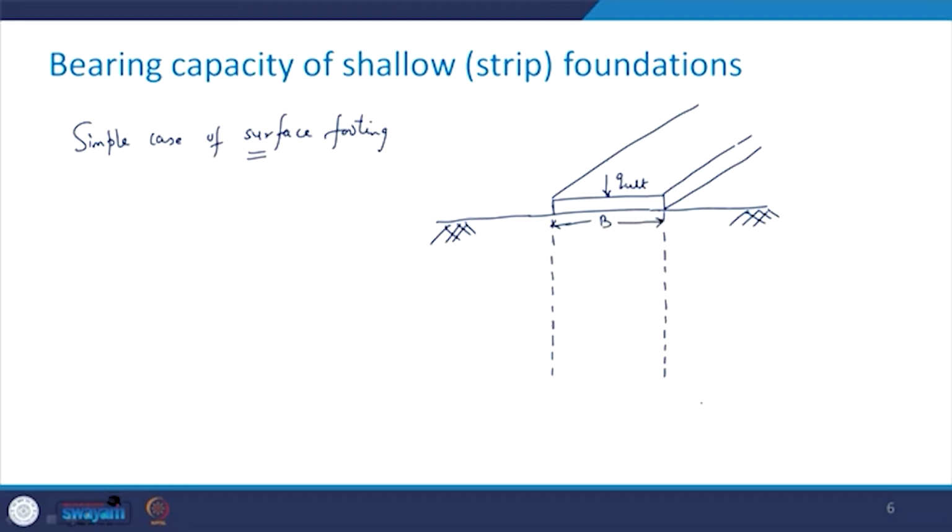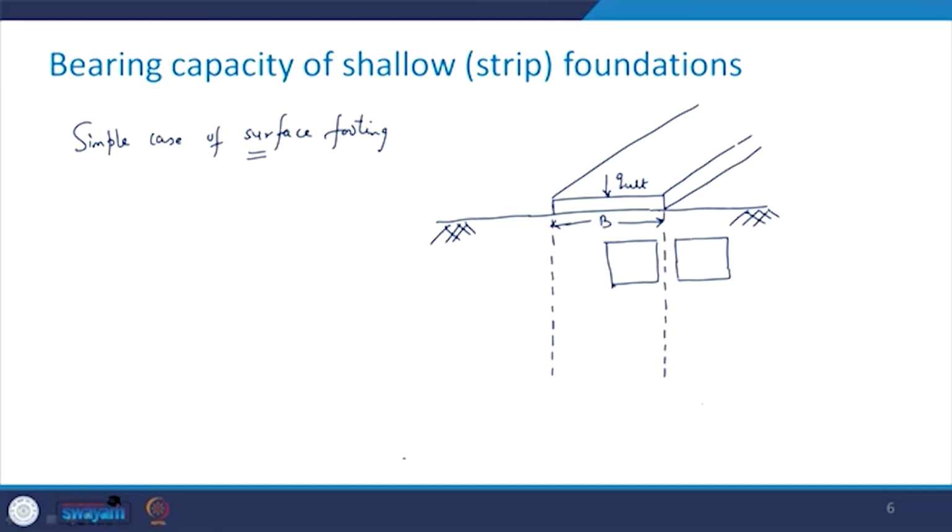I take two elements, one just outside and one in this zone which is like this. I am showing it a little bit bigger, but these are small elements. For clarity I am drawing it a little bigger.